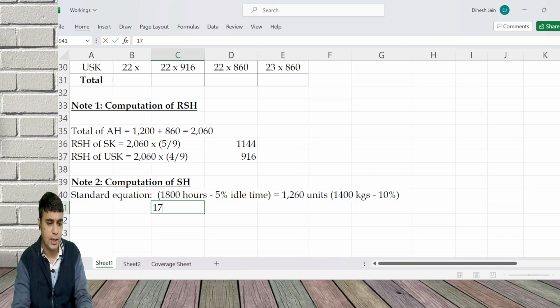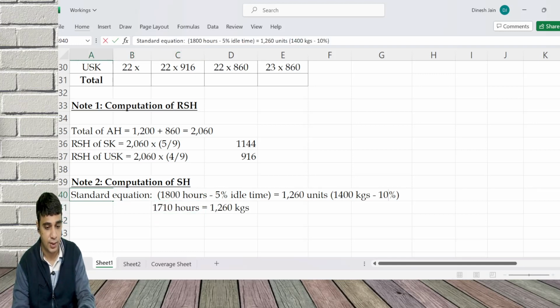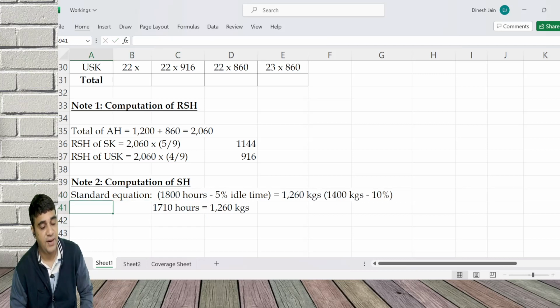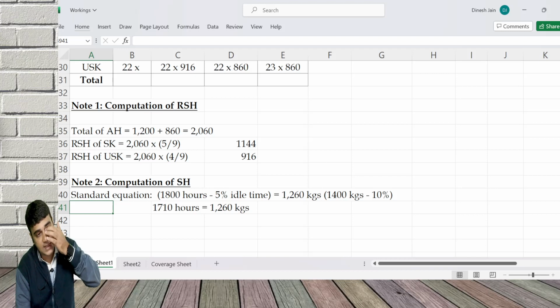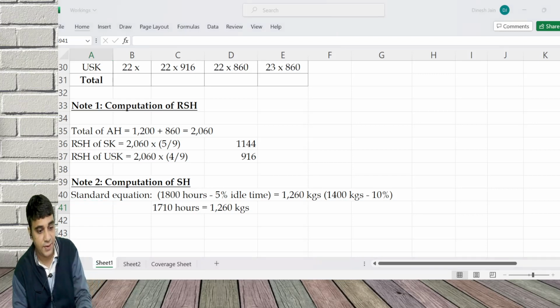So net the equation is 1710 hours is equal to 1260 kgs. Let me call it kgs rather than units. 1710 hours is equal to 1260 kgs.